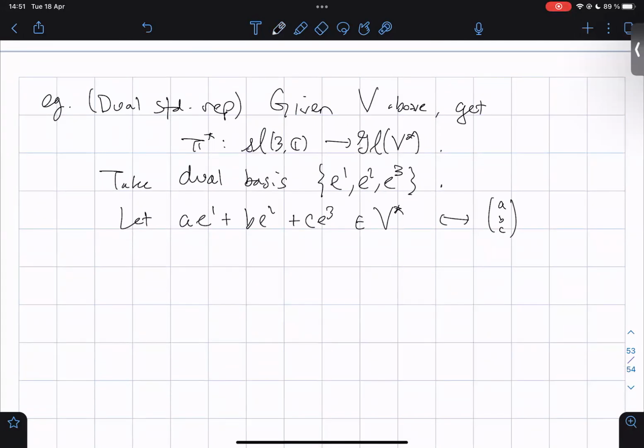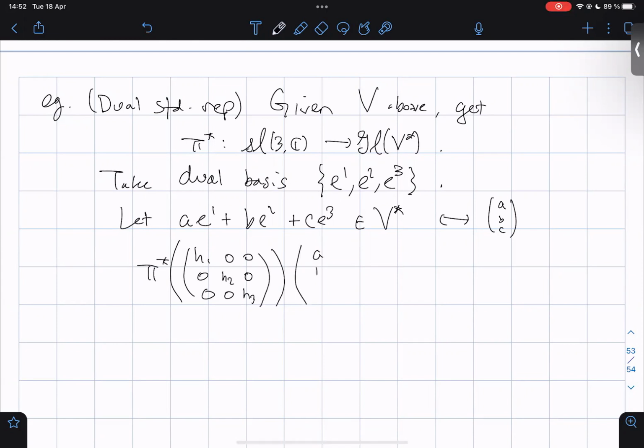Okay, so what is pi star now applied to A, B, C? Remember this A, B, C now has a different meaning than in the first example. This is with respect to this dual basis. So how does this pi star look in this dual basis? What does it do to this matrix input?